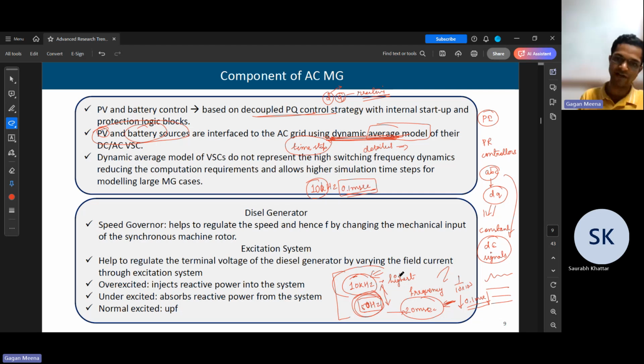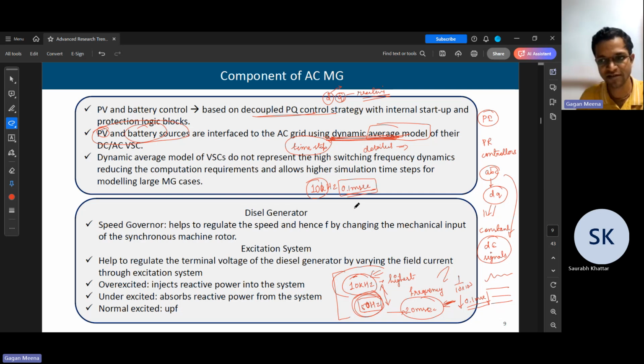Reducing the time step increases the computation requirement because it requires solving the model continuously for very small time steps. Solving at every 0.1 millisecond compared to 20 milliseconds is a difference of 200 times. That's why computation will increase.